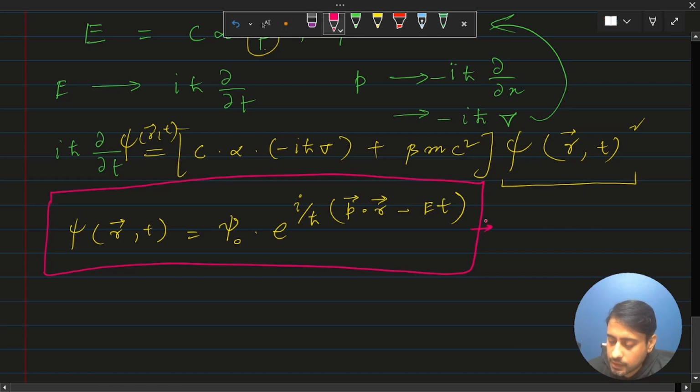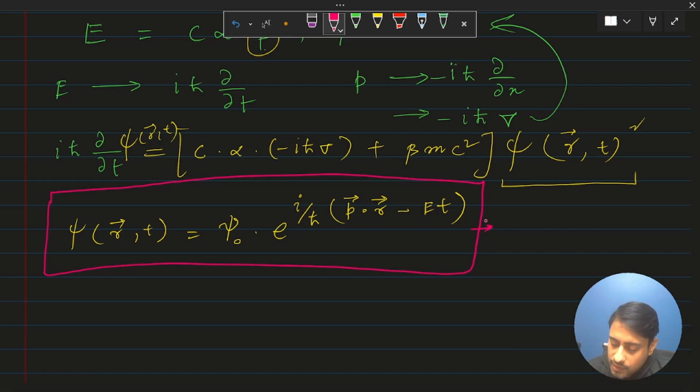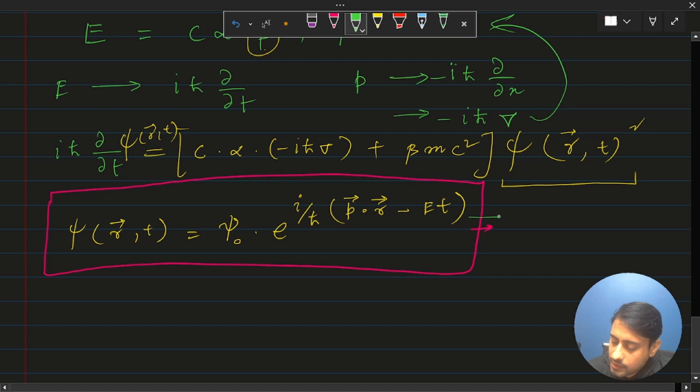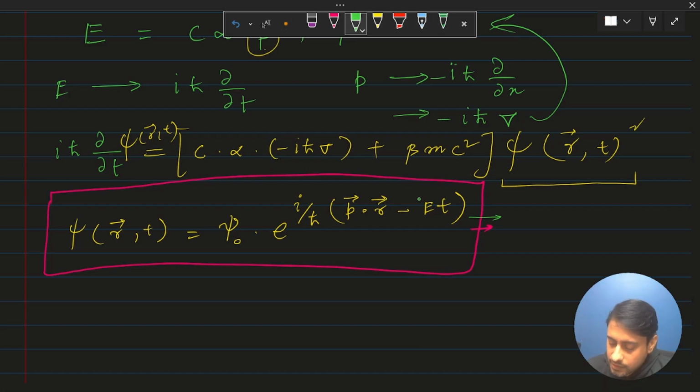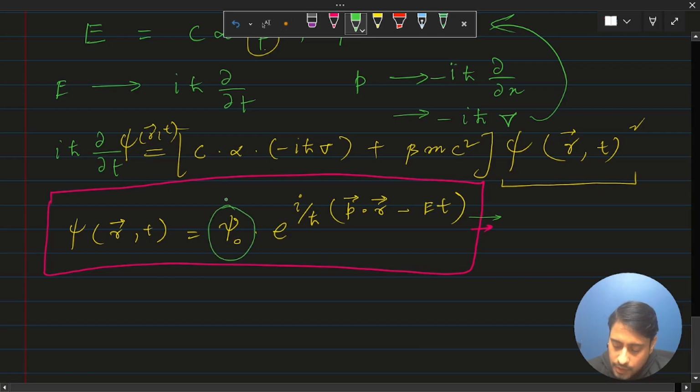So from where is this kind of expression coming? I will not ask you to just convince yourself that this can be the wave function, because it seems very likely, but in our further lectures we will see why this can be the wave function suitable for this case. It's a very general expression because psi naught can be anything.